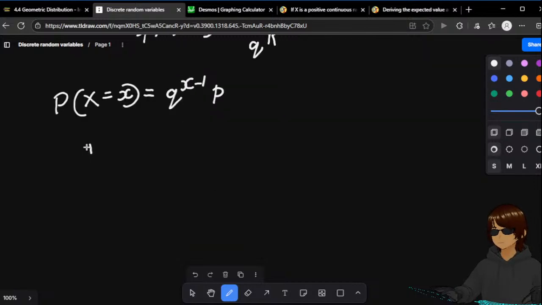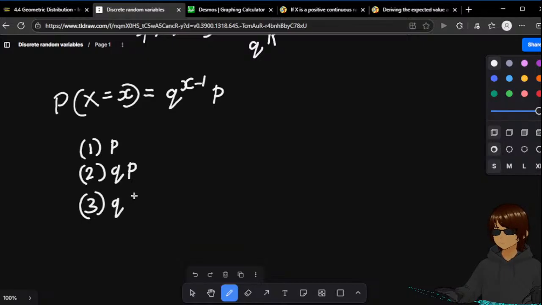So for one trial, it will be 0 failures. For 2 trials, it will be 1 failure. For 3 trials, it will be q square.